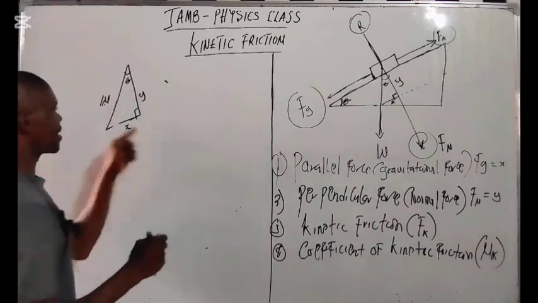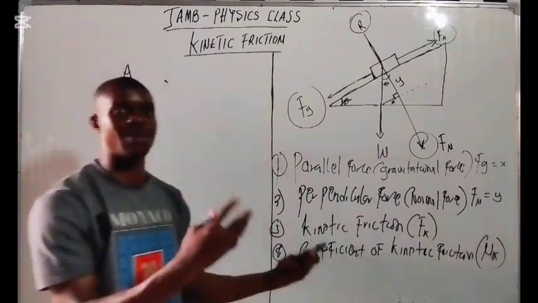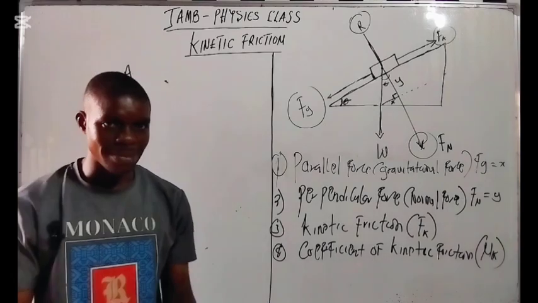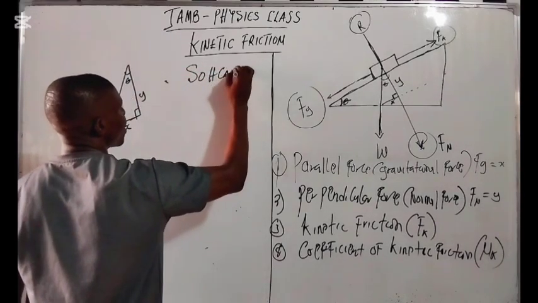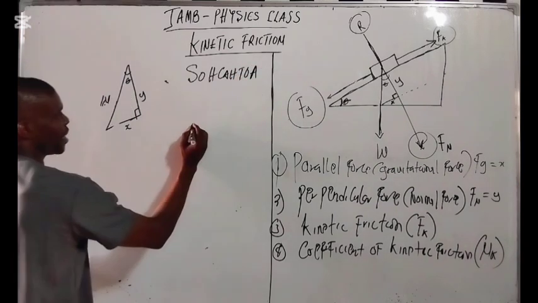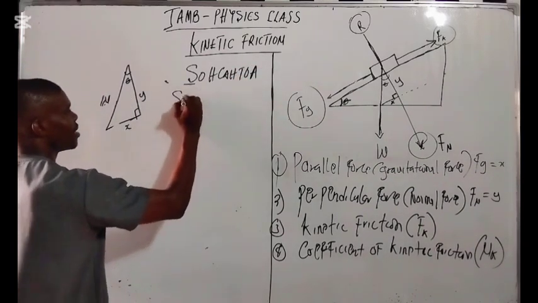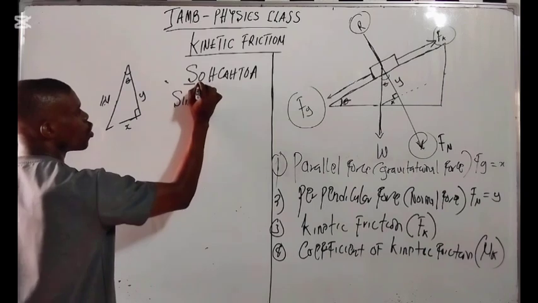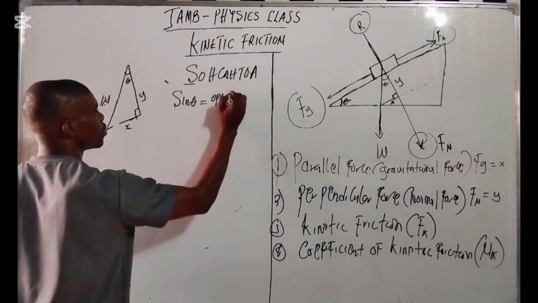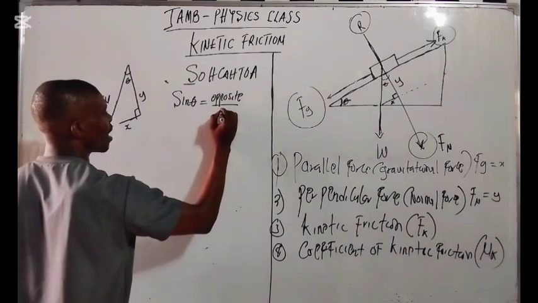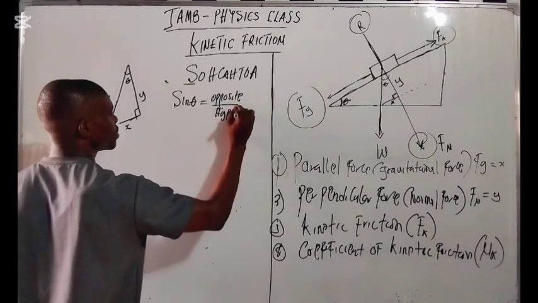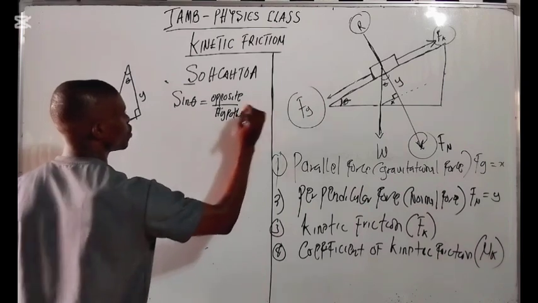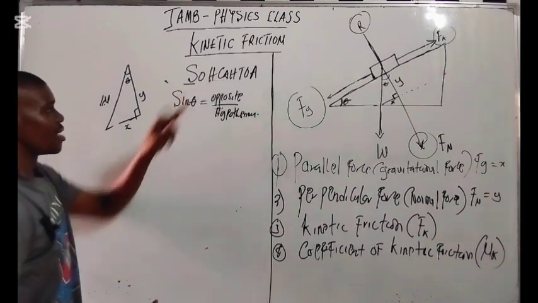Now to resolve this, I'm going to use SOHCAHTOA, the trigonometry ratios in mathematics. Now what does it mean? Sine theta equals opposite over hypotenuse.